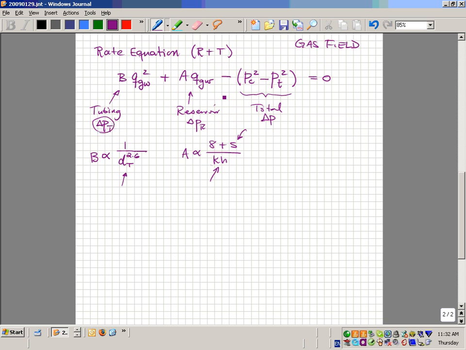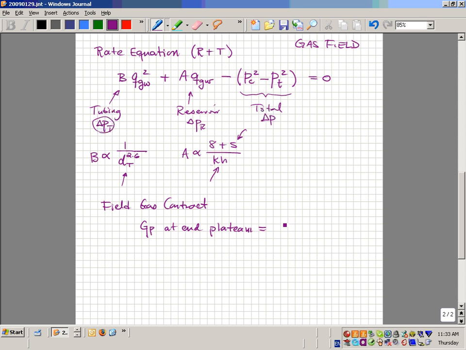Now, how is the rate equation being used here? The field gas contract says that the cumulative gas production at the end of plateau is what?